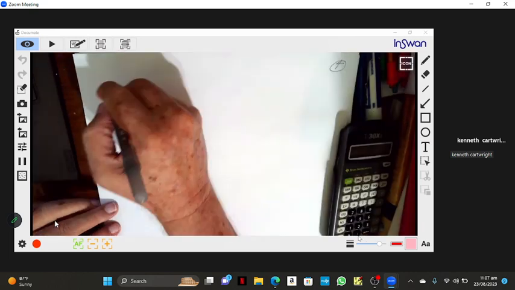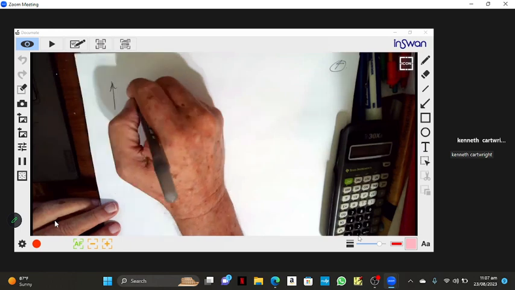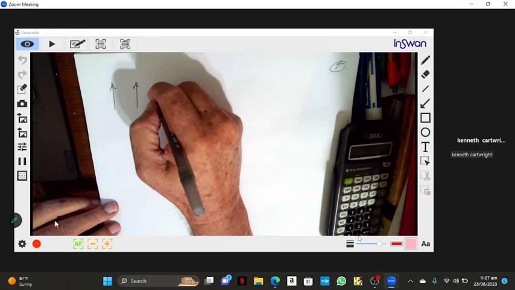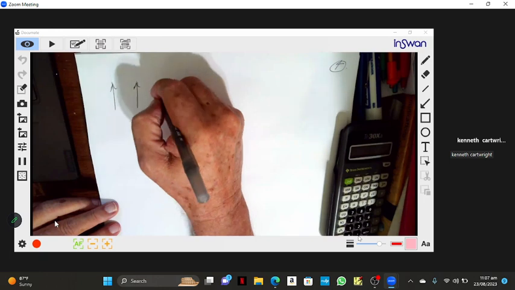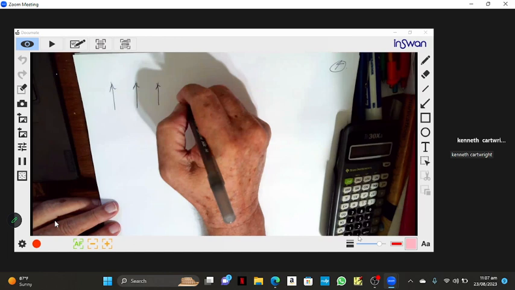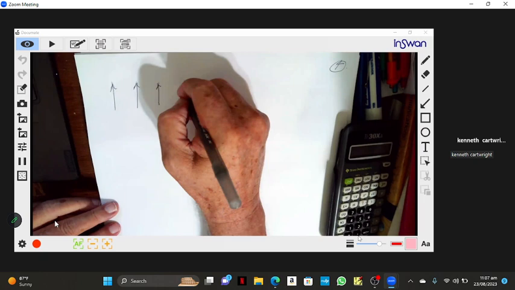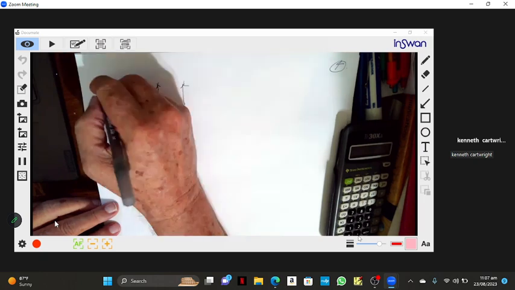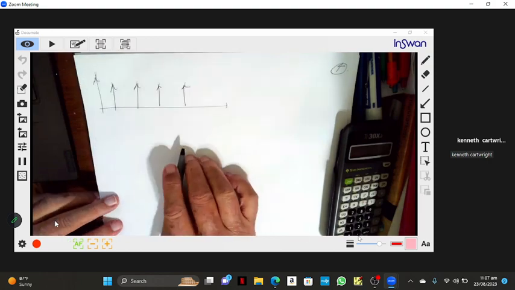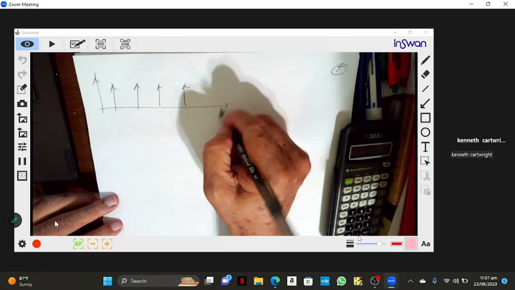Recall our sampling signal is this. What kind of signal was this called? This is our sampling signal.